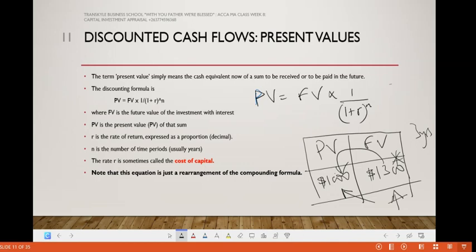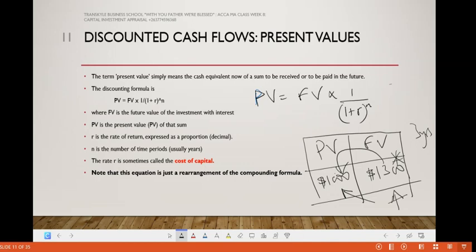R is the rate of return expressed as a proportion. Now the word return is not necessarily interest. It might be interest, it might be the business risk, the financial risk of an entity, and so forth. It is the desired return to the owners of the entity, be they the shareholders, the debt holders, and so forth.